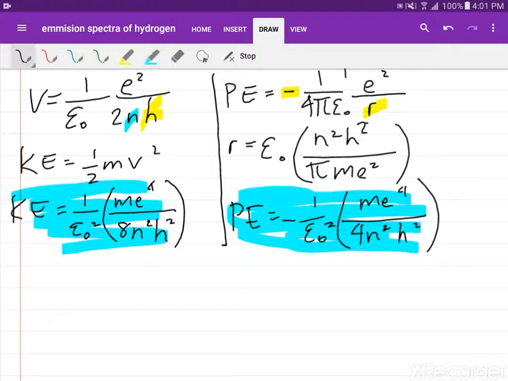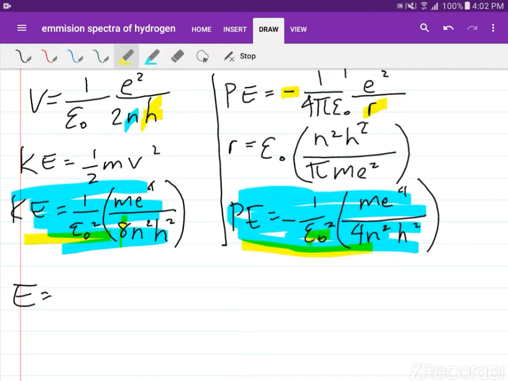Okay, now we can get the total energy. So kinetic plus potential. Note that we have same terms. So this is 8, right? This is 1 over epsilon naught squared m e to the 4 over n squared h squared. This also has epsilon naught squared m e to the 4, n squared and h squared.